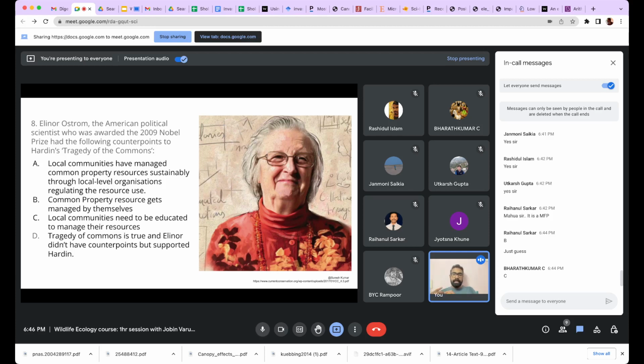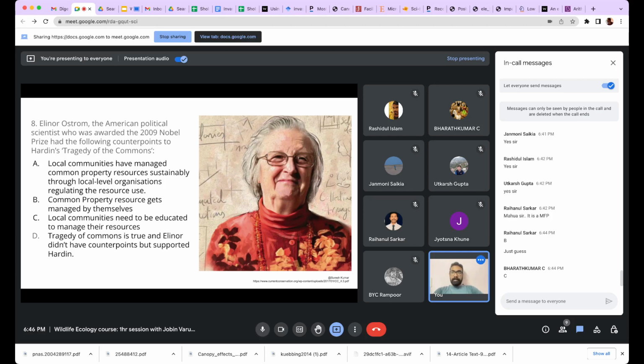For different things, you can have different organizations that regulate the resource use. Just because something is a common doesn't mean that people don't know how to use it sustainably.